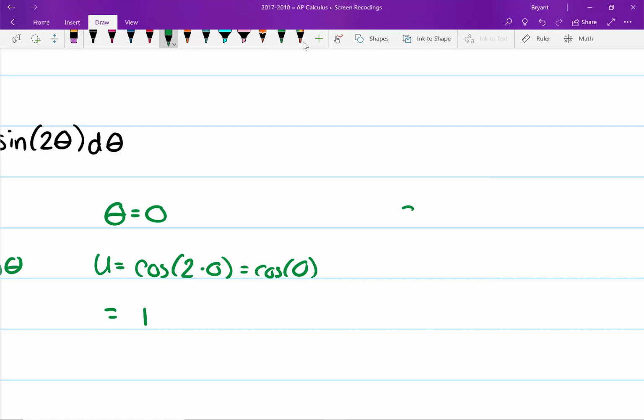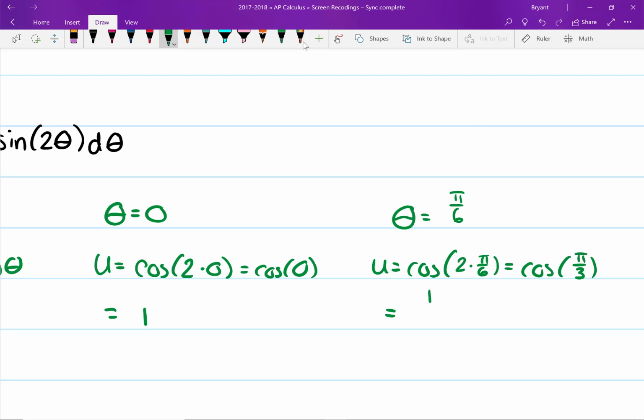And if we let theta equal pi over 6, we're going to get that u is equal to cosine of 2 times pi over 6, which is cosine of pi over 3. And cosine of pi over 3 is 1/2. Again, pi over 3 is the upper angle right here, so it's the smaller version of cosine.